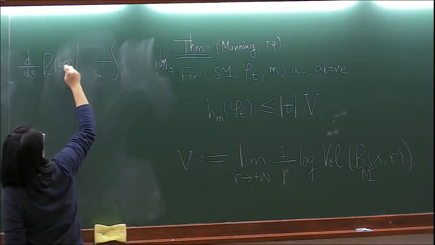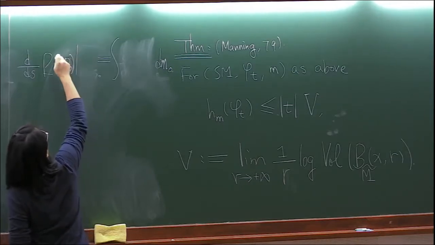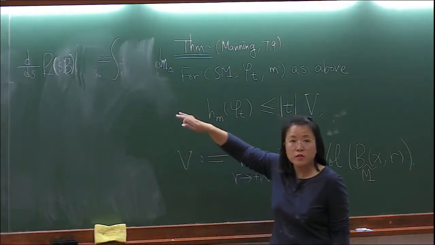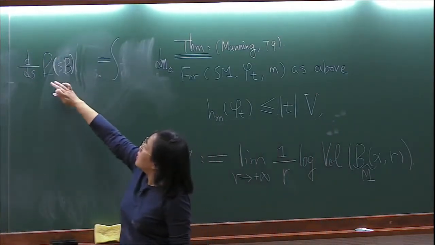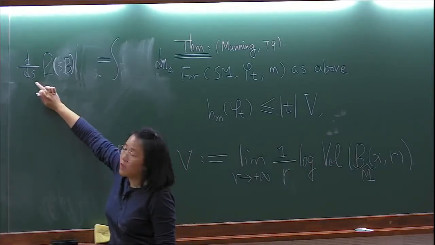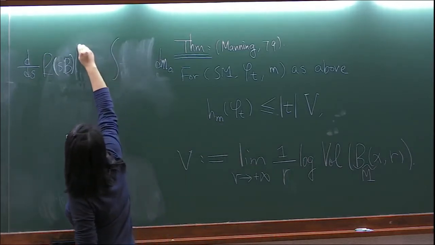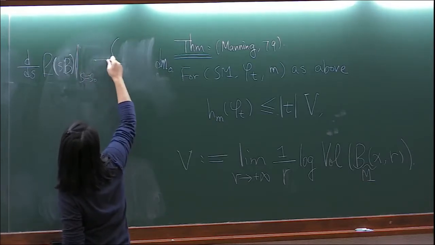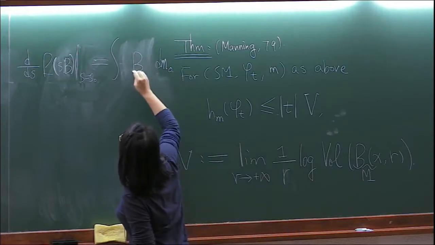So you consider this sb, the pressure of sb. b is a Hölder continuous function that we defined before. So then you have this pressure. You take the derivative of this guy in s, and then you see the potential is just the integral of this one.